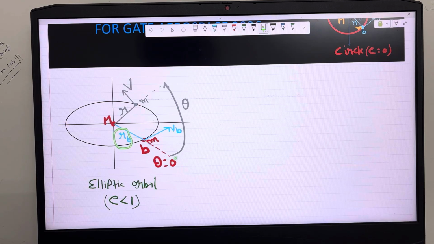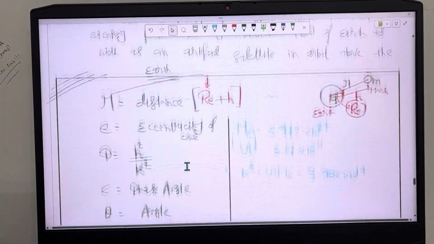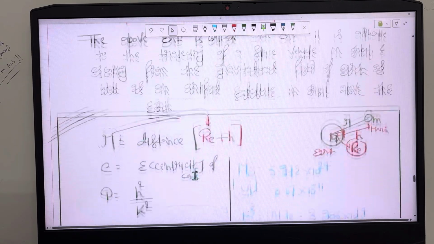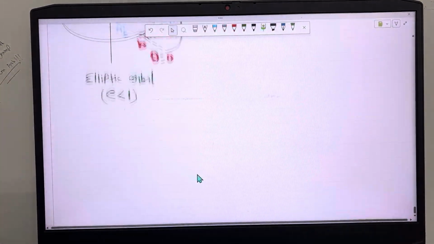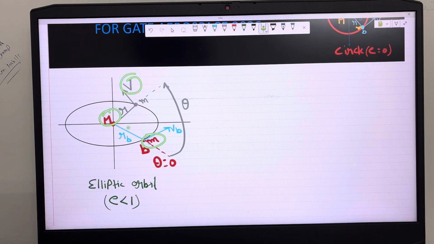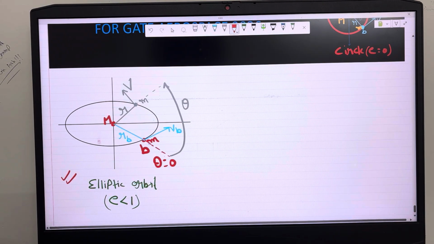From here we measure the angle, so this theta is nothing but this angle. So we have the velocity, the small mass, the burnout distance, the burnout velocity, and this angle theta.